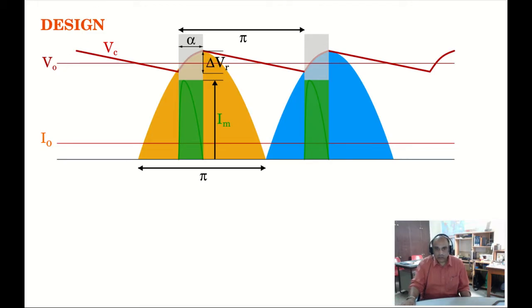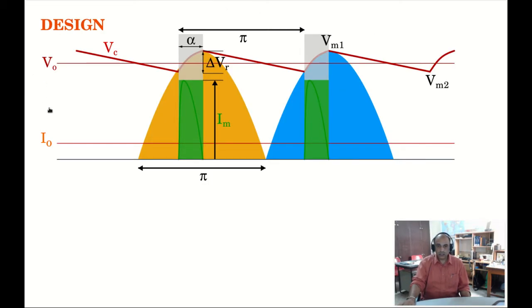Two more variables are the peak value that the capacitor will take, Vm1, and the minimum value it will discharge to, Vm2, in the steady state.